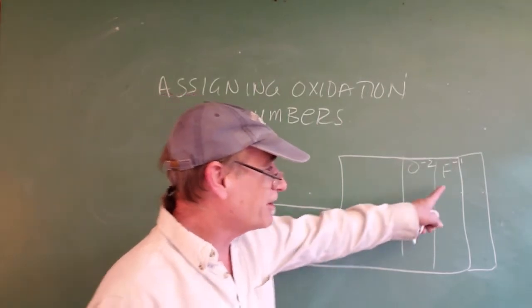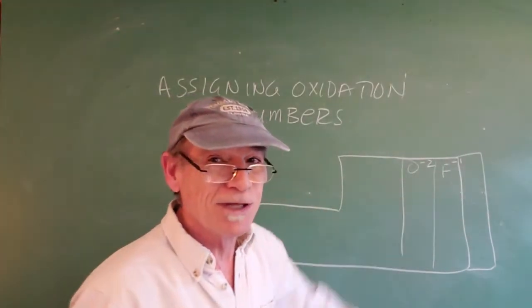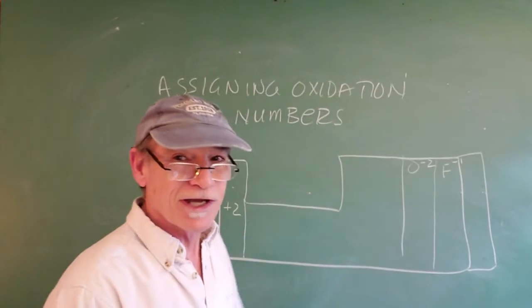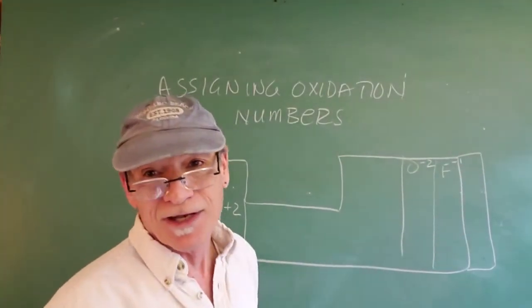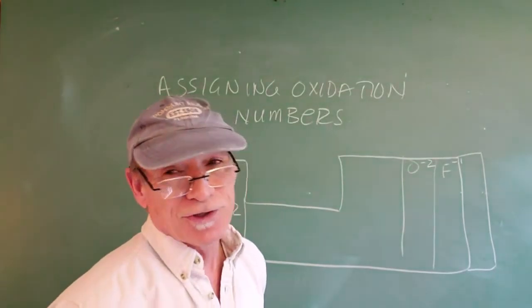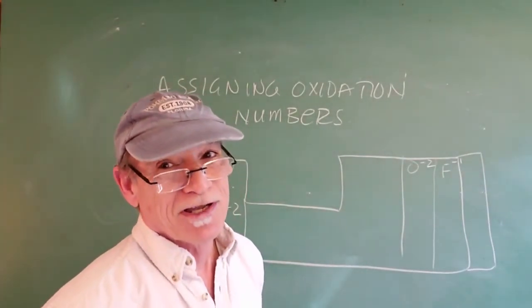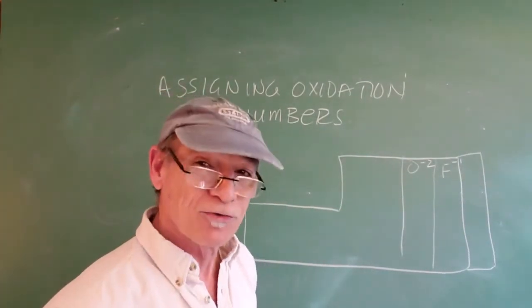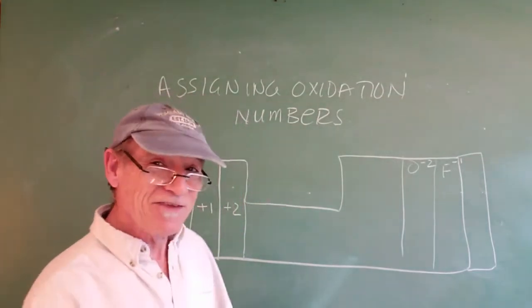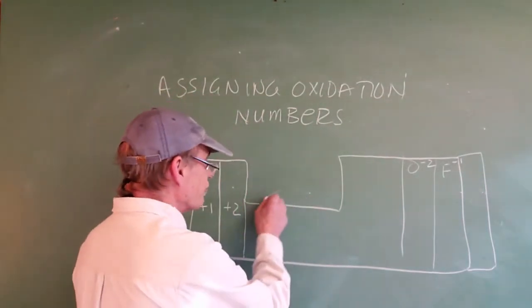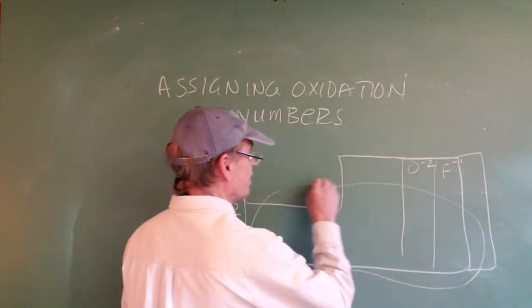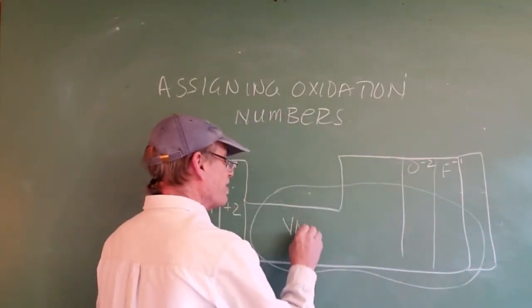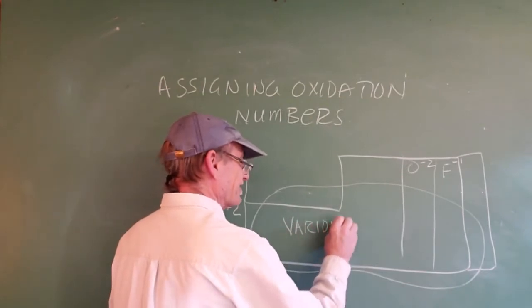Now, fluorine, on the other hand, 100% of the time, in any tug of war over electrons, fluorine always wins because it's got the highest electronegativity of any element on the table. So consequently, when fluorine's in a compound, it's always going to be -1. Now that's the rub. Everybody else, all the transition metals, all of these nonmetals over here, they have various oxidation states.